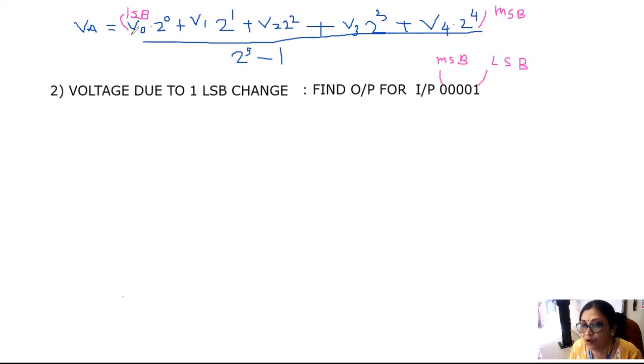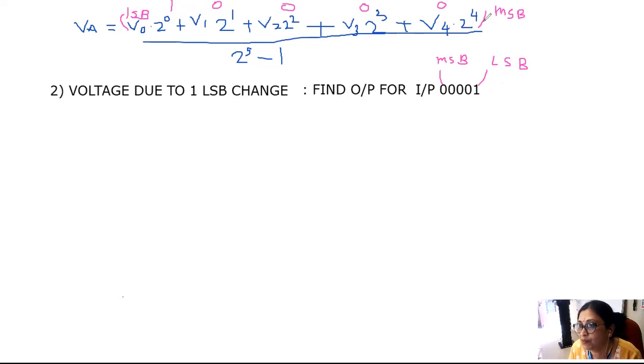That means in this formula we have to substitute V4 equal to V3 equal to V2 equal to V1 equal to 0. कारण आता हा MSB आहे ना तुमचा, म्हणजे हा MSB झाला, हा दुसरा बीट झाला, हा तिसरा बीट झाला, हा चौथा बीट झाला आणि हा पाचवा बीट म्हणजे LSB तुमचा जो आहे इट इज 1. तो 0 0 0 0 1. आपण संख्या कशी लिहितो अशी 0 0 0 0 1. पण हा फॉर्म्युला एक्झॅक्टली उलटा आहे ना.